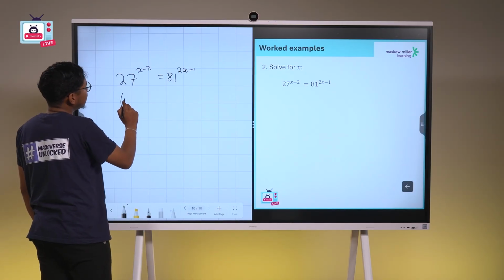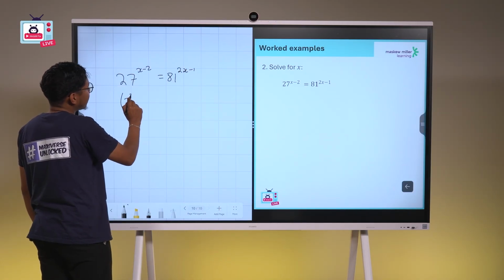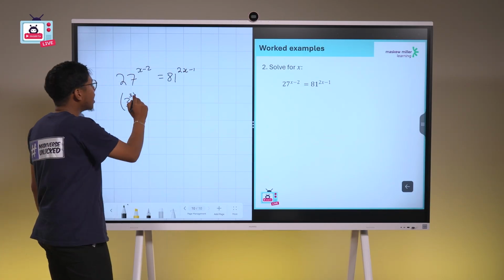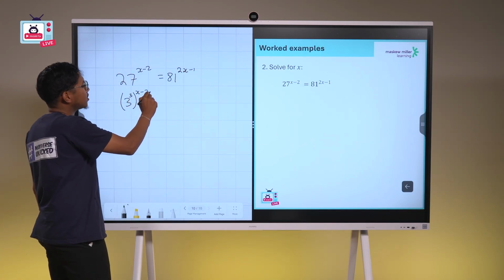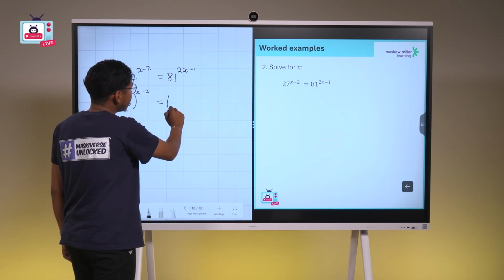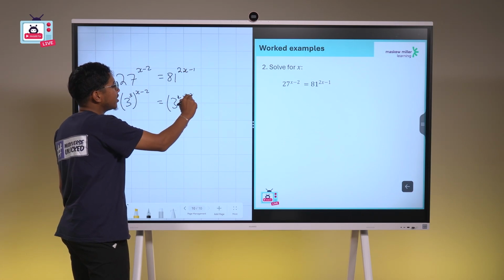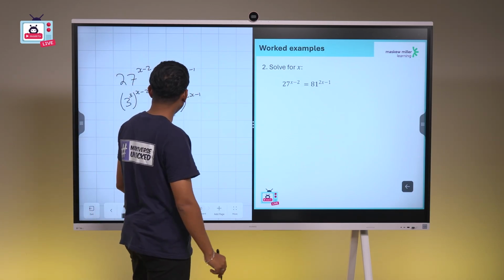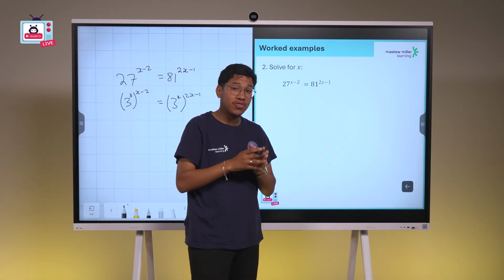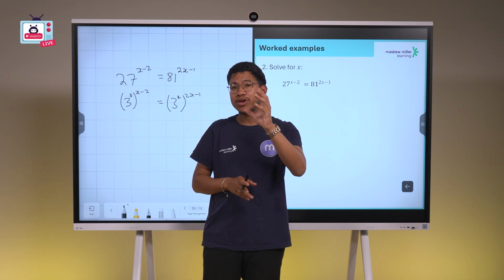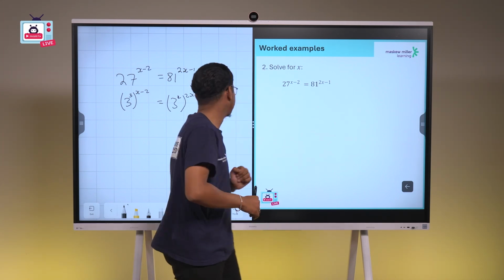So 27 can be written as 3 to the power of 3, because 3 times 3 is 9, 9 times 3 is 27. This is all to the power of x minus 2. 81 is 3 to the power of 4, all to the power of 2x minus 1, all right? What did I do? I didn't change anything about the sum. I've simply just rewritten it as a product of its prime factors, okay?